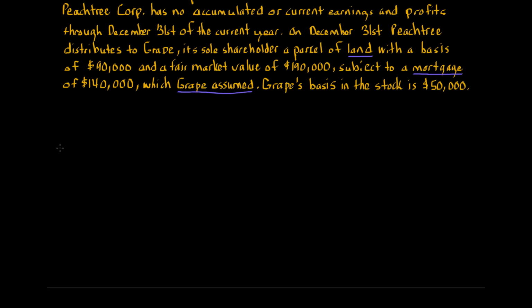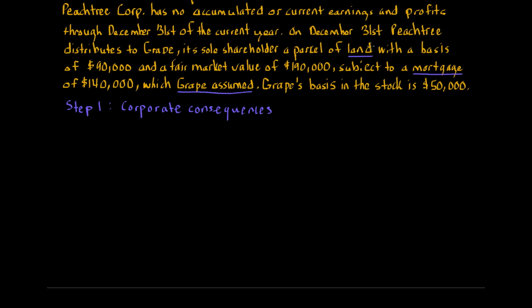The first step, step one, is to look at the tax consequences of the corporation. When it comes to the tax consequences of the corporation, whenever there's a cash distribution, step one is not going to have any consequences.